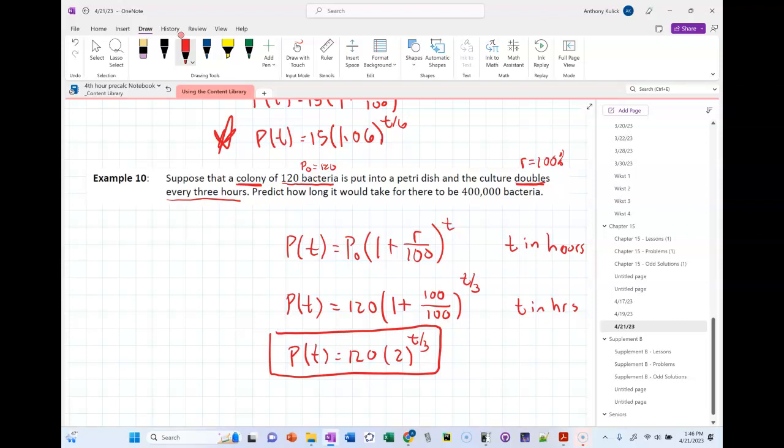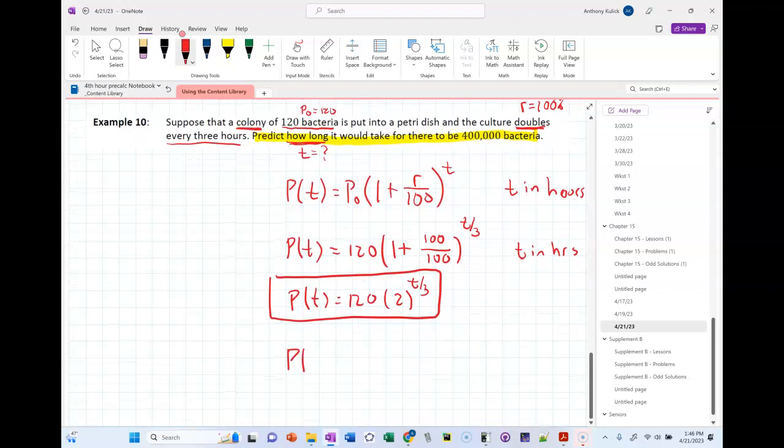So there's my model. But notice it asks predict, there's a second question here. Predict how long it would take for there to be 400,000 bacteria. How long means it's going to be asking for a t, for a time, right?